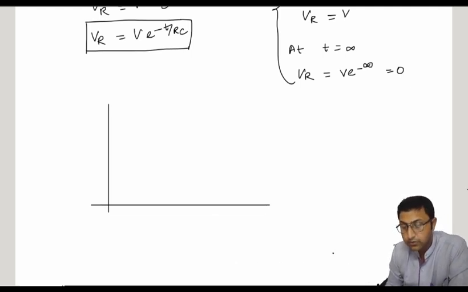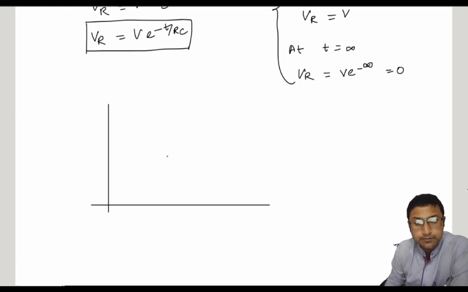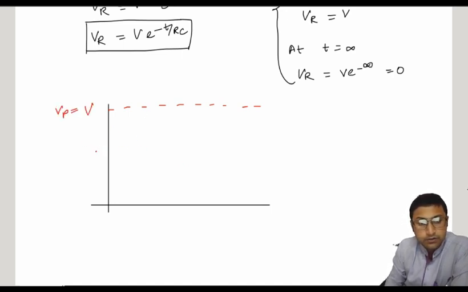Suppose this is the supply voltage of 10 volt. It is basically V. What is V? That is also VR.